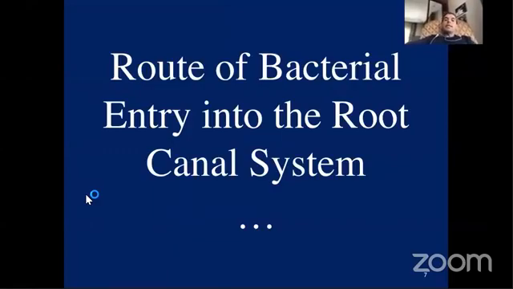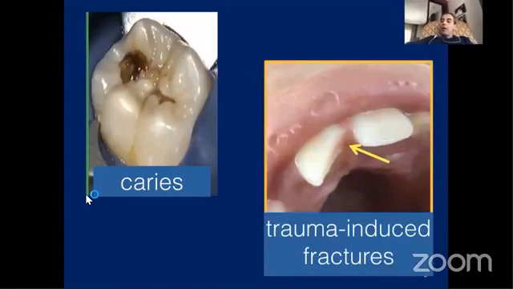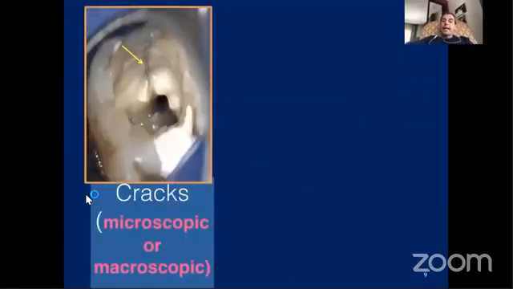Now, let's see how bacteria enter the root canal system and what the routes of infection are. We have several routes. First, caries and decay, trauma-induced fracture, cracks, either microscopic or macroscopic.